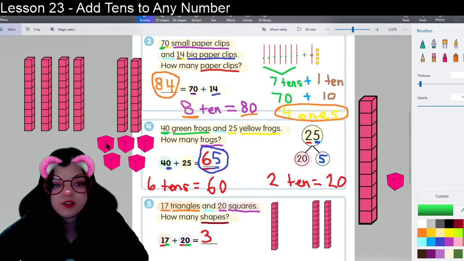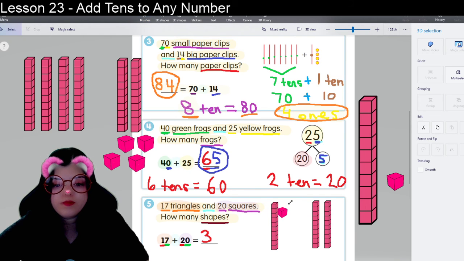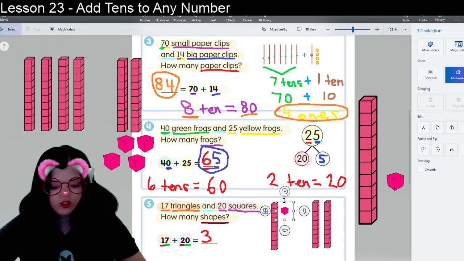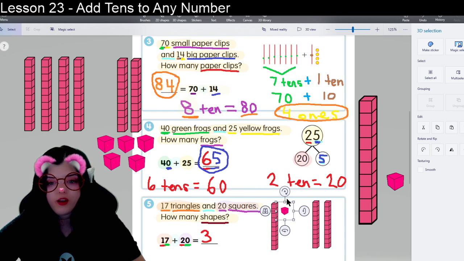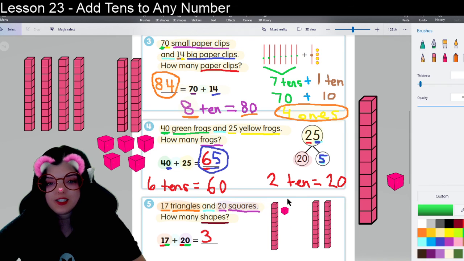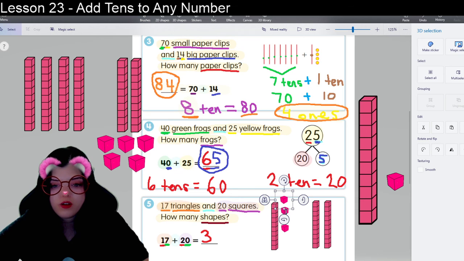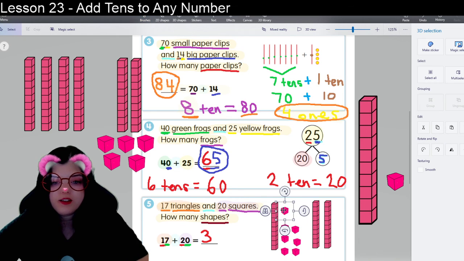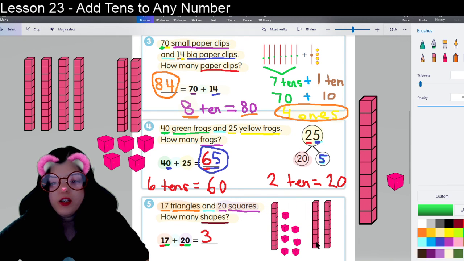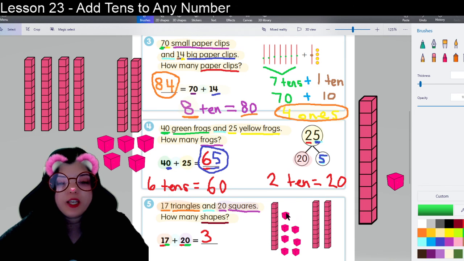So we need our 7 ones. 1, 2, 3, 4, 5, 6, 7. So we have our one group of 10 and our 7 ones, which makes 17, and we have our 2 groups of 10, which makes 20.